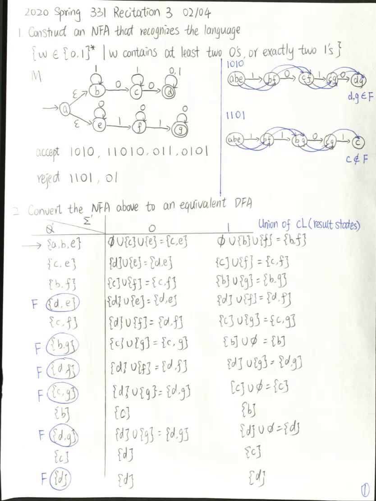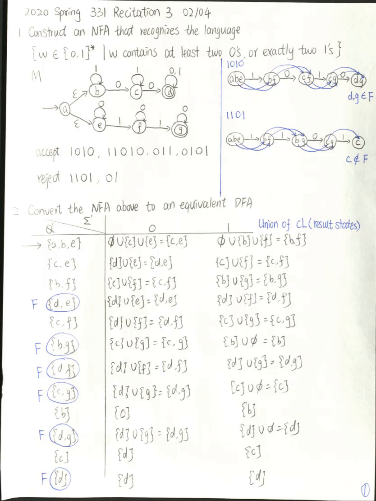Because if I consider DE, that means this state DE is reachable from ABE. Following some transitions, I can reach this D and E. If you consider the computation of the NFA, that means I have 2 branches that can reach D and E. One branch reaches D and one branch reaches E. So long as one branch can reach a final state, this machine should accept this string.